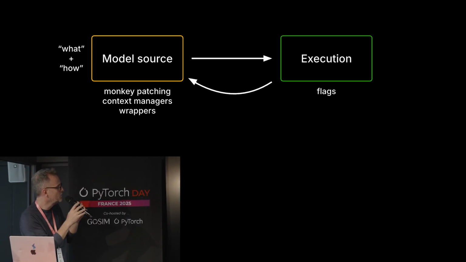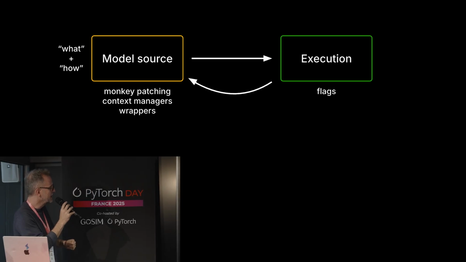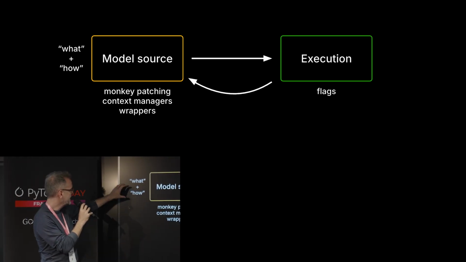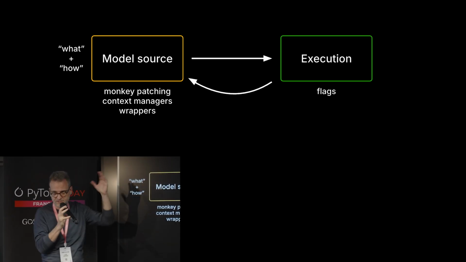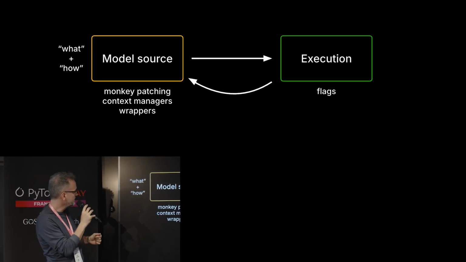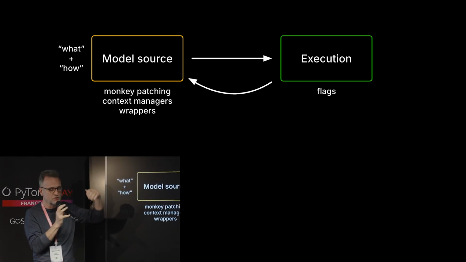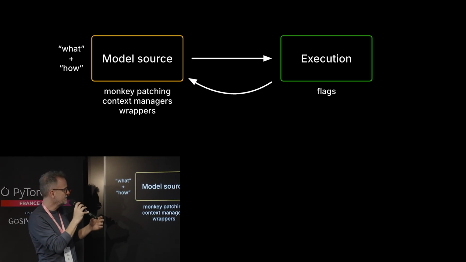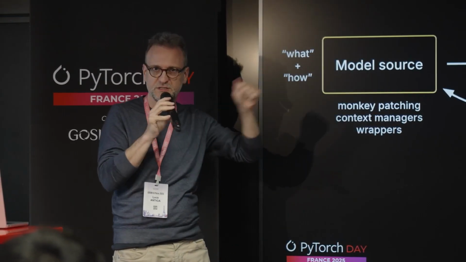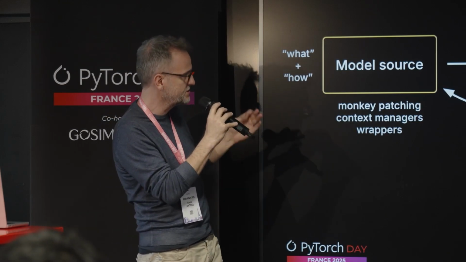And so this is what you usually find yourself doing without Thunder. You have some model source that has the what. So is it a Mamba model? Is it a vision model or whatever? And then using a combination of hooks, monkey patching, wrapping, people optimize it, so make it distributed or make it with context managers, mixed precision.